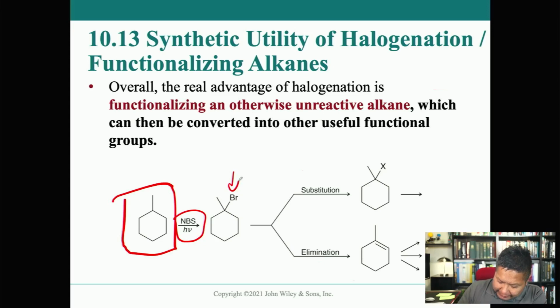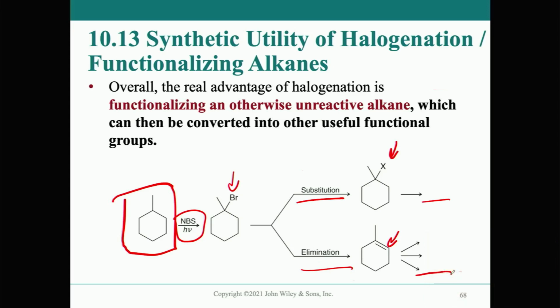Okay, and then you can take that to doing a substitution or an elimination reaction to get more useful things, like an alkene that is reactive, because the double bond of the alkene, that pi bond, can act as a nucleophile. Or you can do a substitution and add something else to it, a different halide, right? So you have multiple possibilities. Let me show you that. There's nothing there. That's just signifying multiple possibilities after you do a substitution or an elimination reaction.